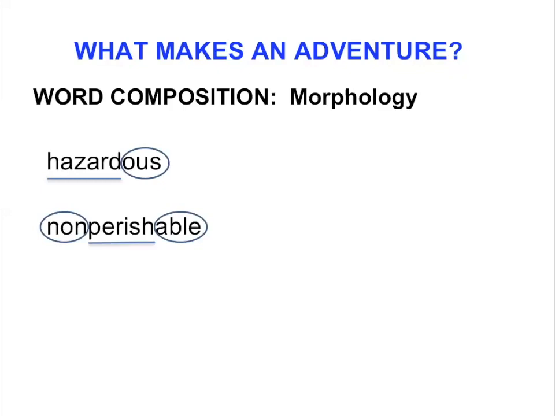I know the prefix non means not, and the suffix able means able to. So this word, non-perishable, must mean not able to perish. As we read today, we will gain an even deeper understanding of this word.